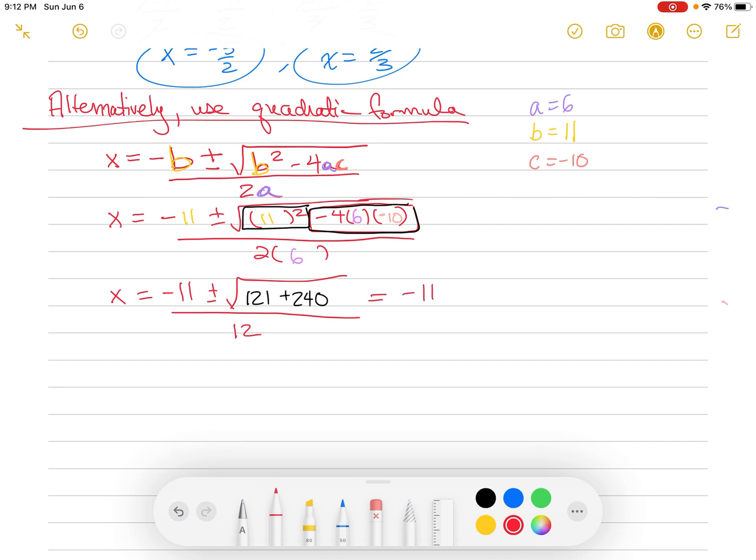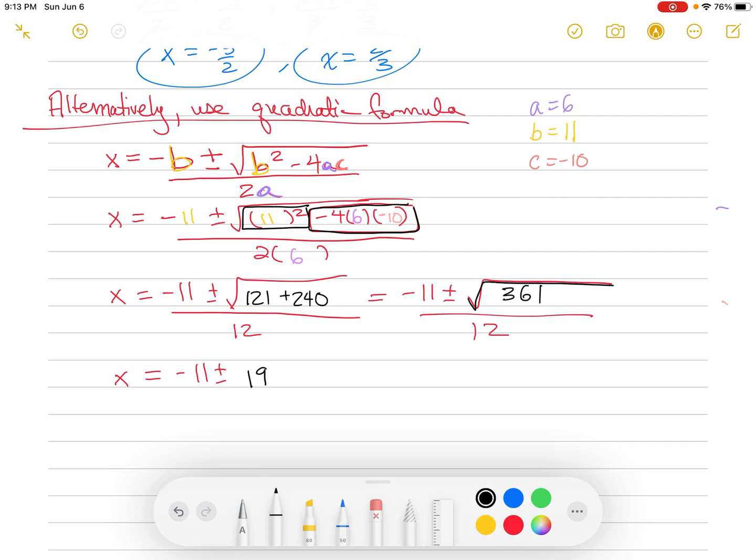Now that's going to be negative 11 plus or minus the square root of, if you take the black numbers, 121 plus 240, you're going to get 361, all divided by 12. So I'm simplifying. I'm going to take the square root of 361. The square root of 361 right here, that's 19.